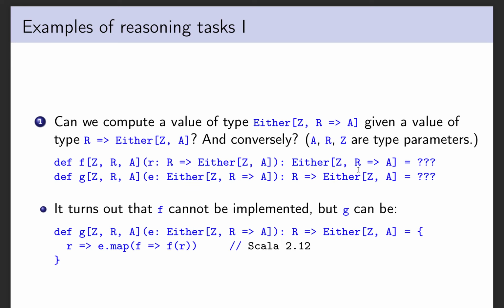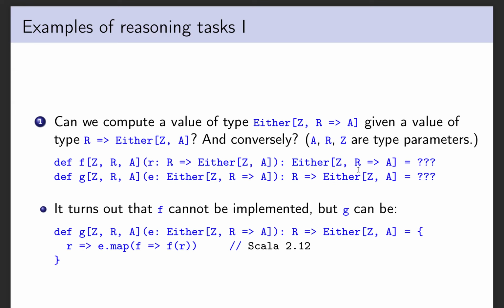So first example is, can you implement these functions f and g that I have written? You're given a value of type function from R to either Z A, and you want to compute either of Z function R to A. Now this looks very abstract, but often you have the either type that models errors, and you have a function that returns a value which could be an error, and so on.